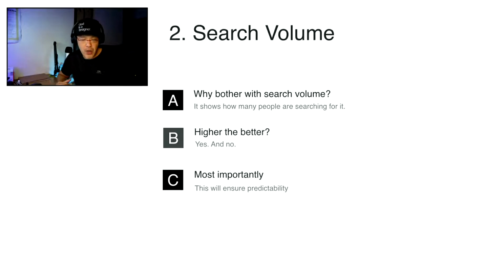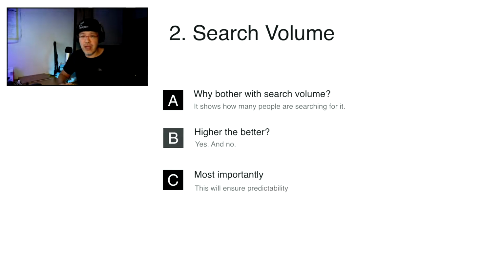Well, yes and no, because with higher search volume, you also have to determine what is good, which means there are a lot of people searching, but you also have to determine two things. Number one is you have to determine if this search term has commercial intent.